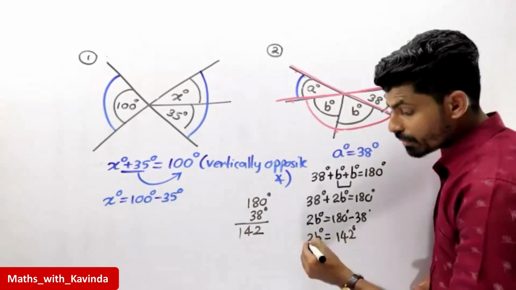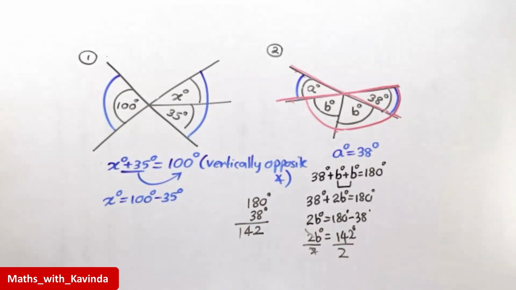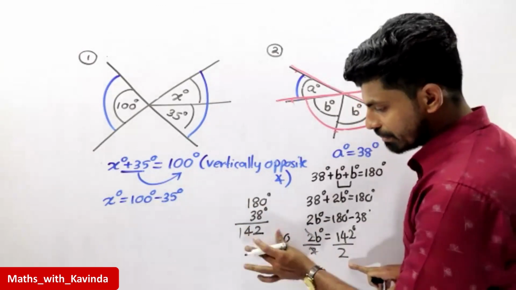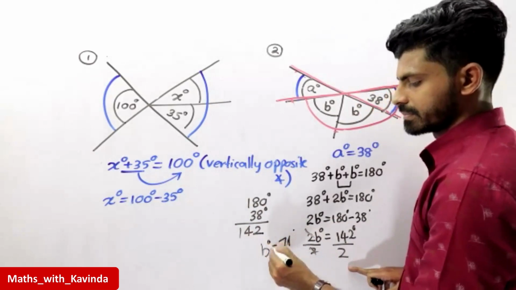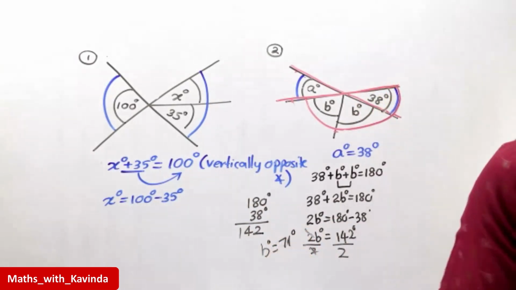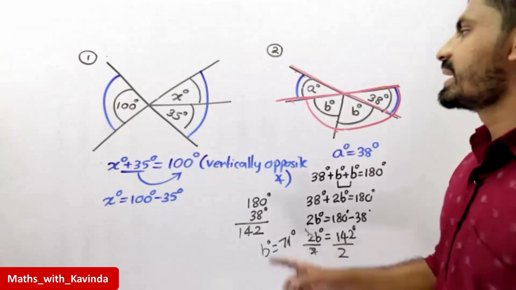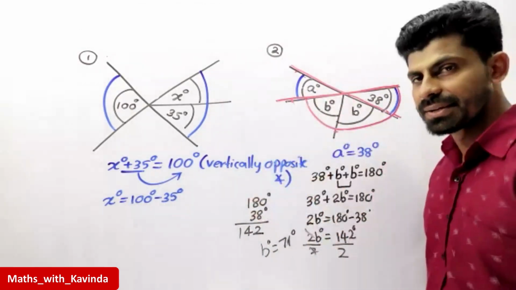Now we can divide both sides by 2. 142 divided by 2, B equals 71. Addition equals 180. That's all.